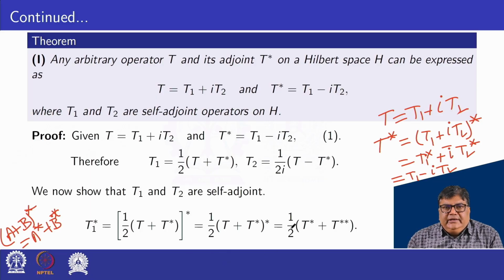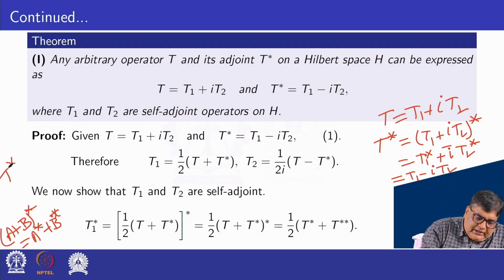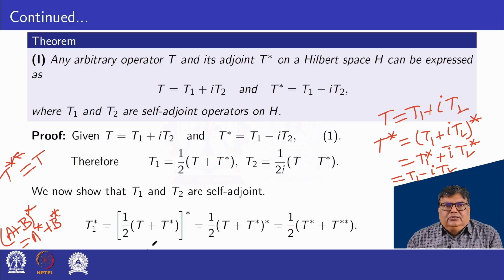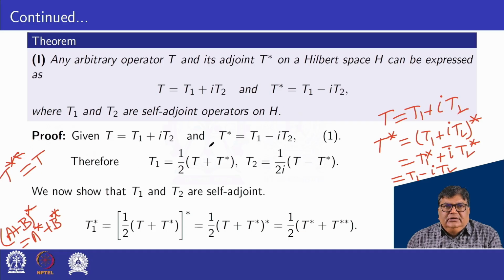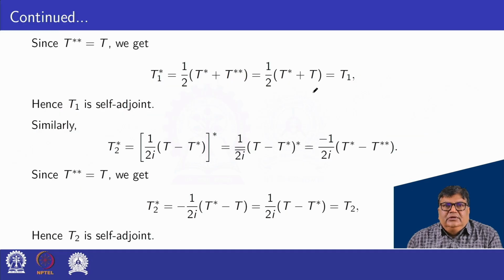So this can be written as half (T star plus star of T star), that is T double star. And also we know that T double star is equal to T. So T1 star is equal to half (T star plus T), because T double star is equal to T. So this one is T1. So this proves that T1 is self-adjoint.